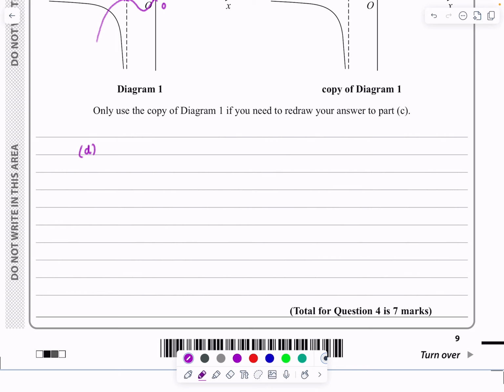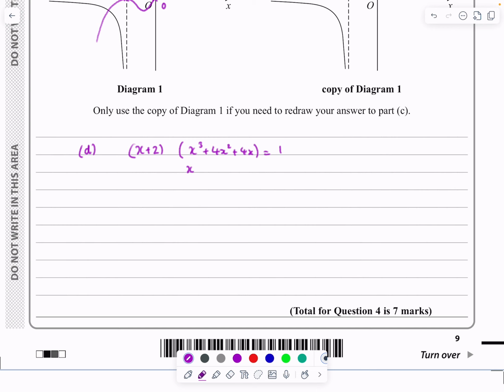We had that the question was x plus 2 multiplied by x cubed plus 4x squared plus 4x equals 1 there. I'm trying to copy it out from something I can't see. That's what the equation looks like.